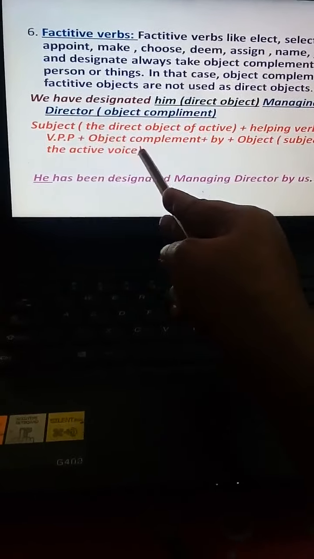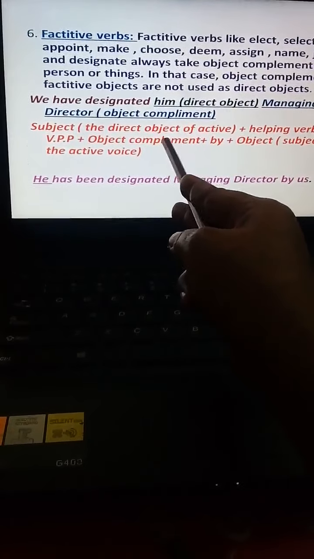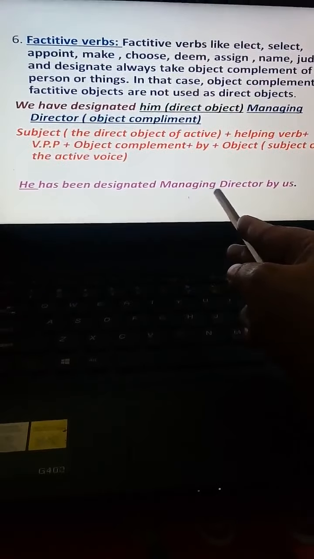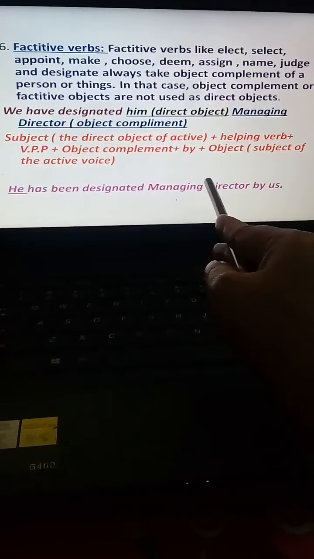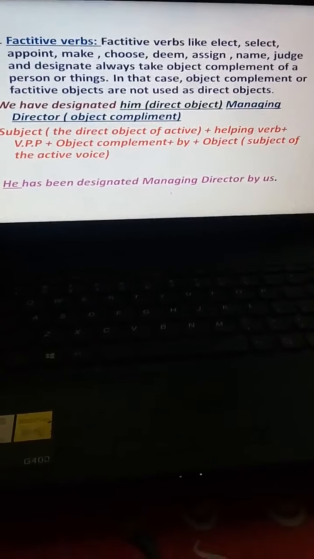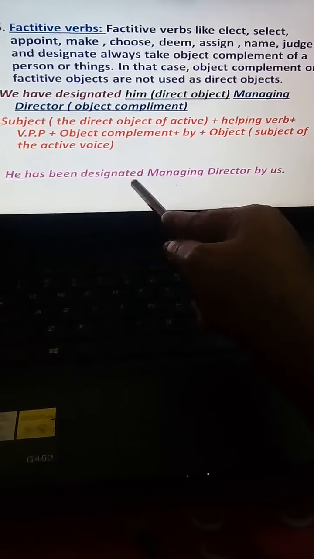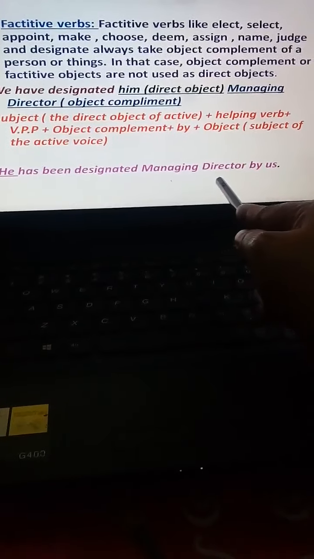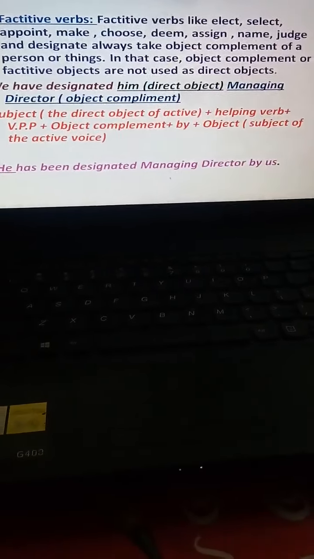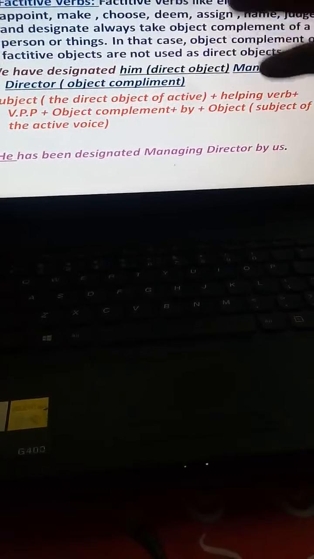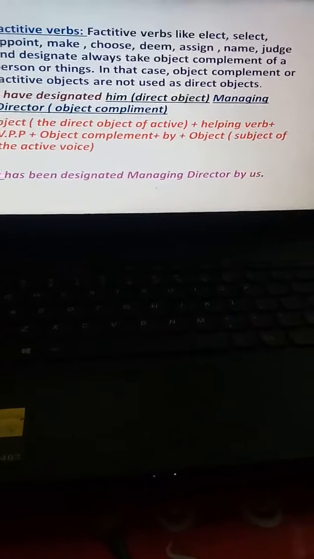What is the object complement? Managing director is the object complement of this sentence. So he has been designated managing director by us. That means we cannot use managing director, the factitive object or object complement, as the subject of the passive form. Okay.